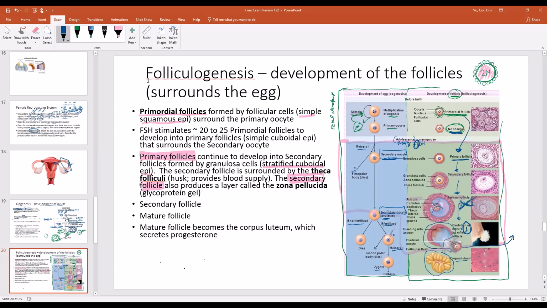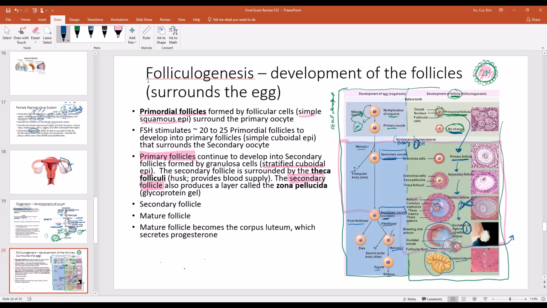And then the egg itself doesn't change, but the follicle grows to nourish it before ovulation. And then it becomes the secondary follicle. When does it become primary to secondary? The oocyte or the follicle? Both. The primary becomes a secondary after puberty.